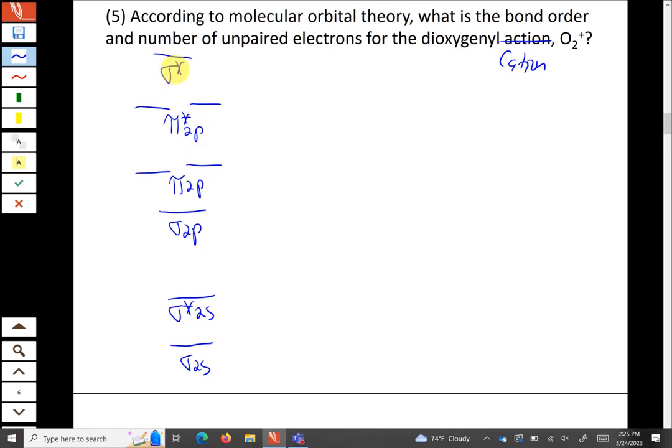So however you choose to do it, it's important for problems like this with molecular orbital theory to remember the order of these orbitals, so we know how to fill them with the correct number of electrons. And then from there, we're going to make sure we put the right number of electrons in. So for O2 plus, we have 2 oxygen atoms, each with 6 valence electrons, but we have a positive charge, so that removes 1. So we're going to have a total of 11 valence electrons that need to go into this diagram.